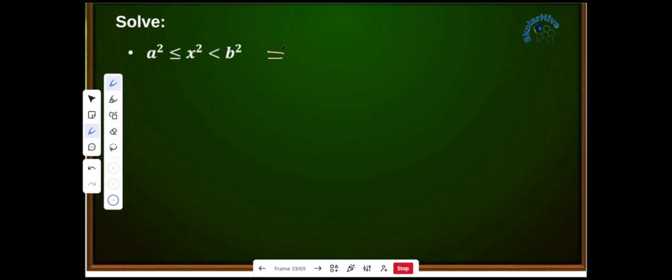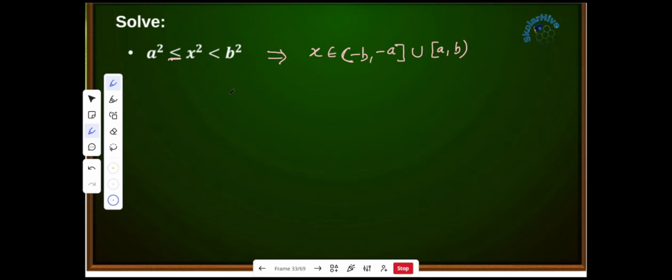It means we can directly say that x lies between minus b, because here it is open, so we have to use this bracket, minus b to minus a.